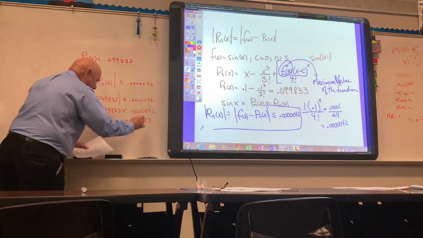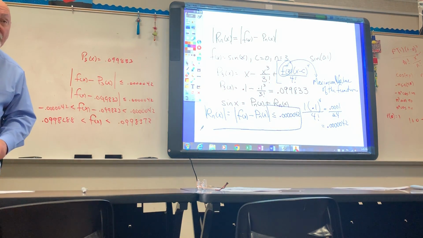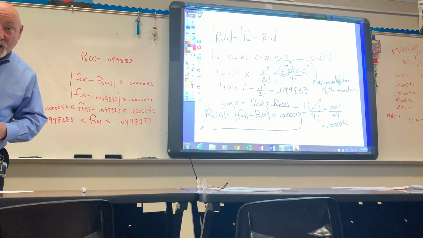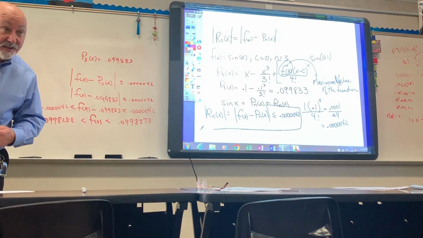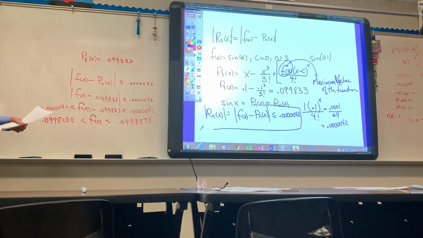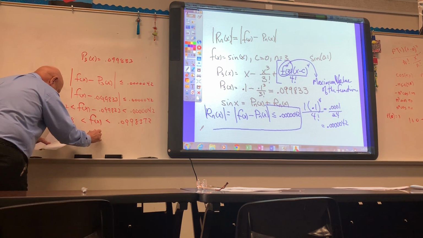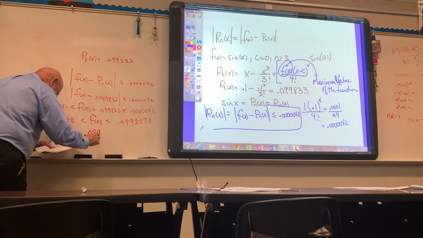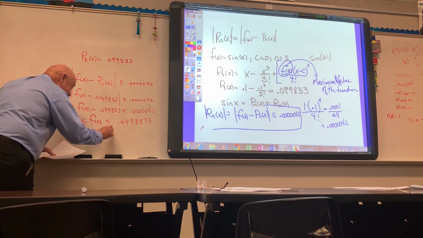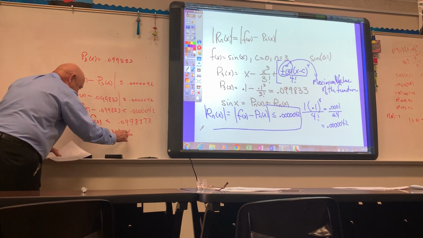So there's the interval over which the value of sine 0.1 exists. Then you take a calculator and look up the sine of 0.1 radians. The answer is 0.09983341166.